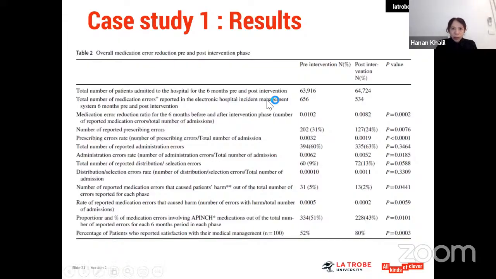This project involved more than 60,000 patient records. Because the pharmacists had access to electronic medical records, it was easy to collect that much information for this cohort of patients. The total number of medication errors reported before the intervention was 656. After the intervention it was 534.